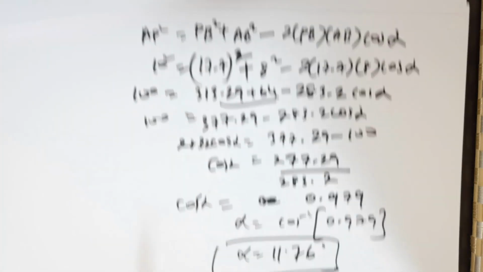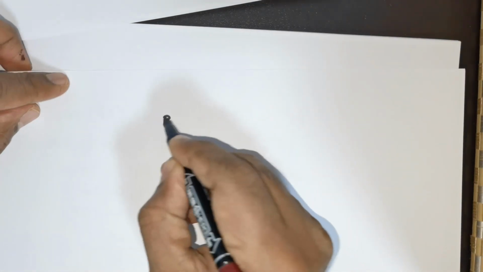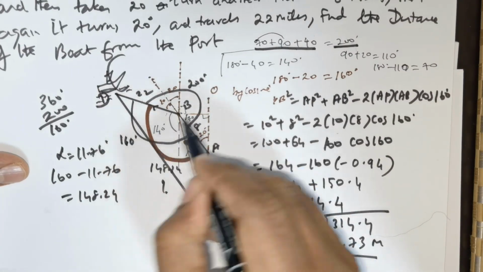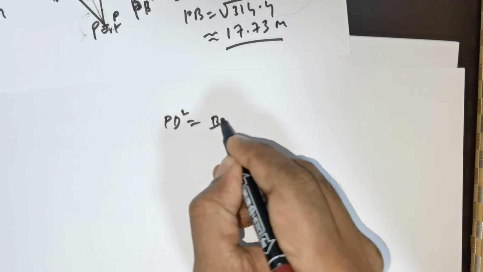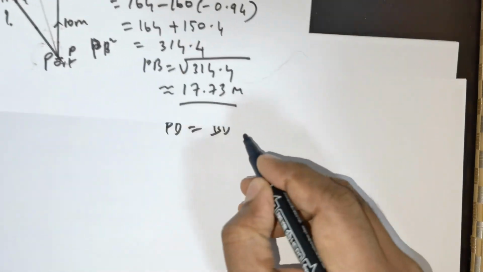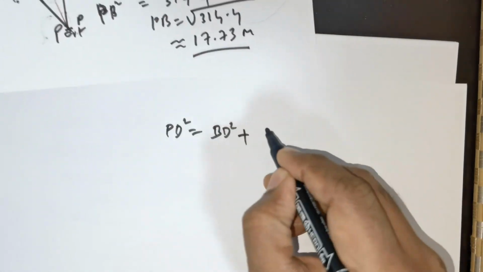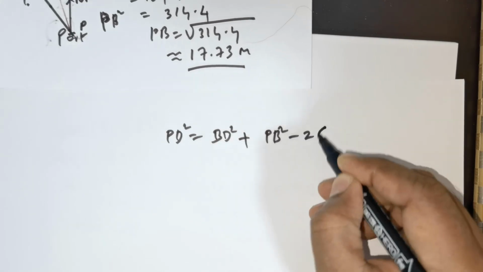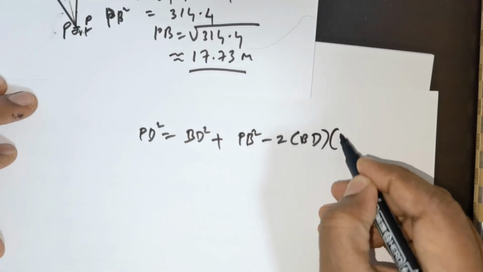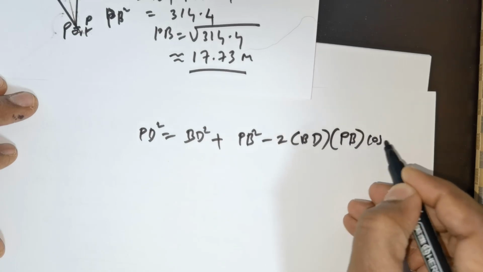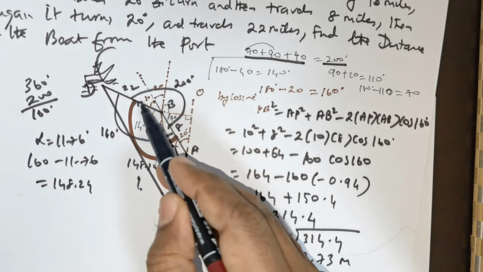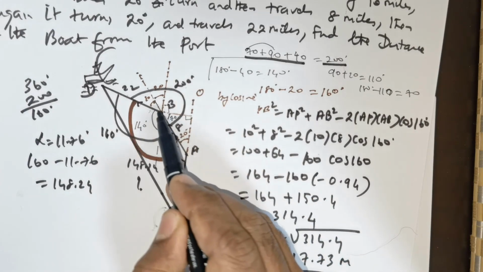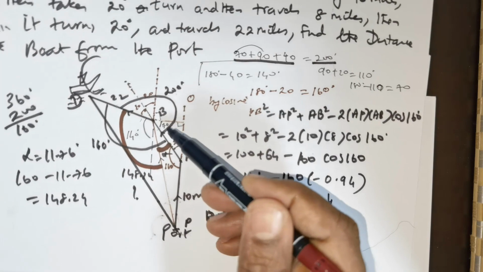If I were to use the cosine rule again, PD squared is equal to BD squared, this distance, plus PB squared minus 2 times BD times PB times cos of the angle between BD and BP.